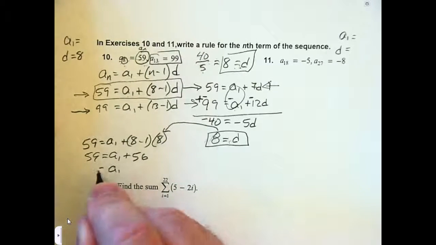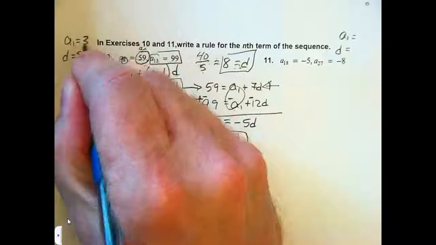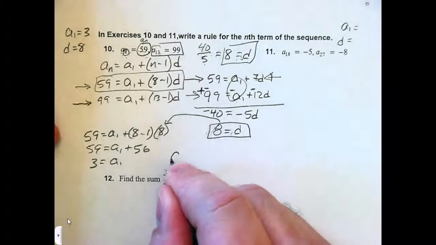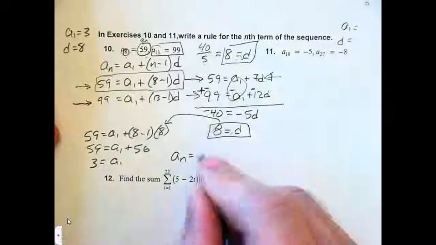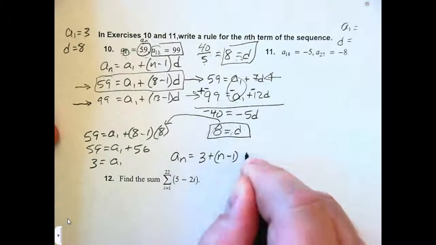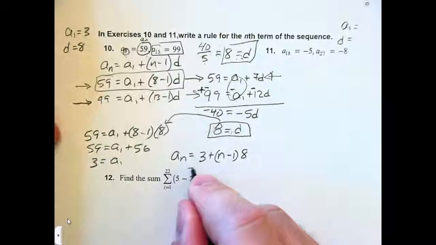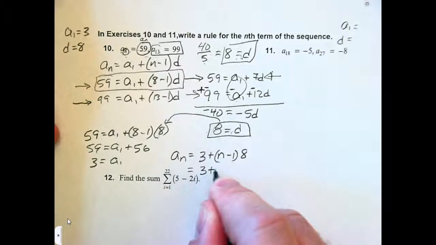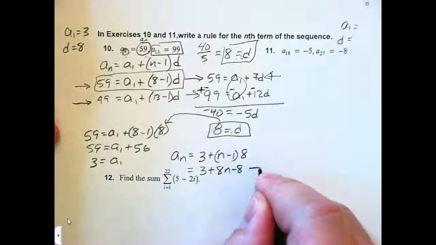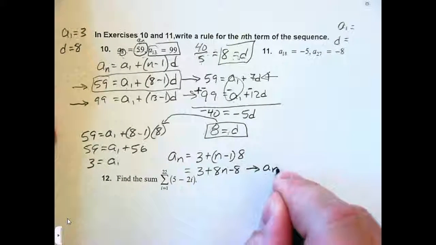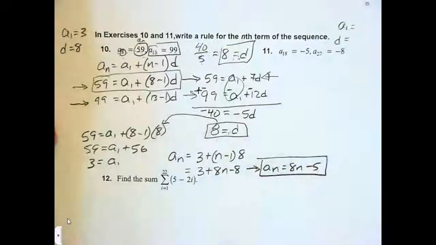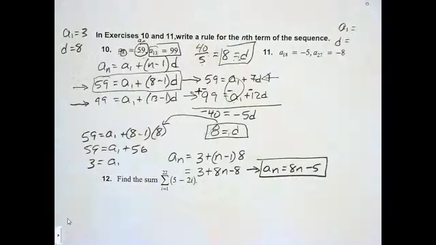A sub 1 then is 3, which we now can write our equation. The equation becomes, okay. Very good?